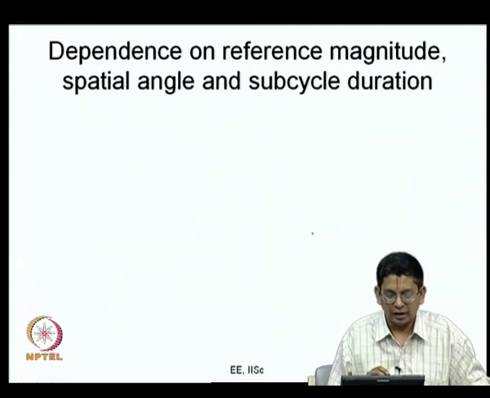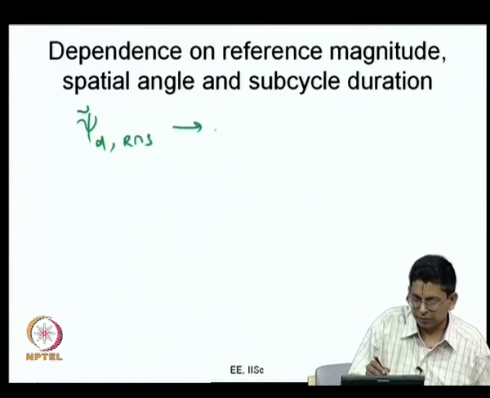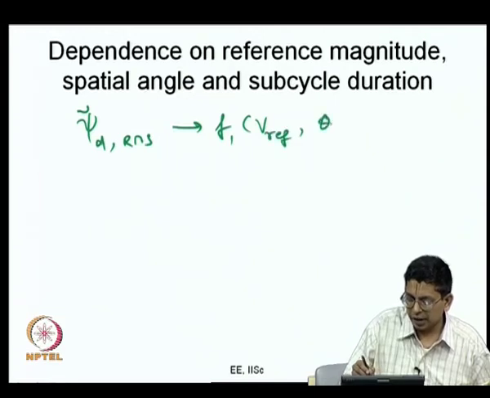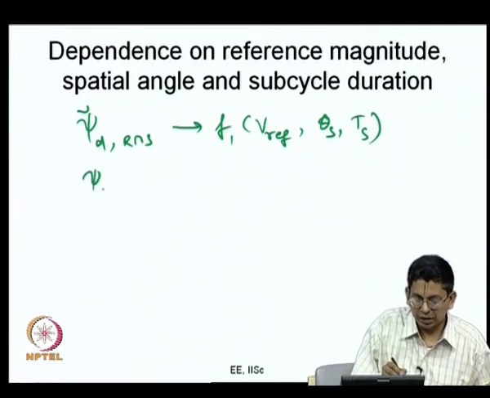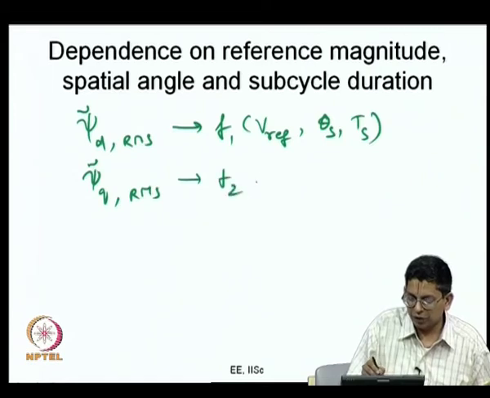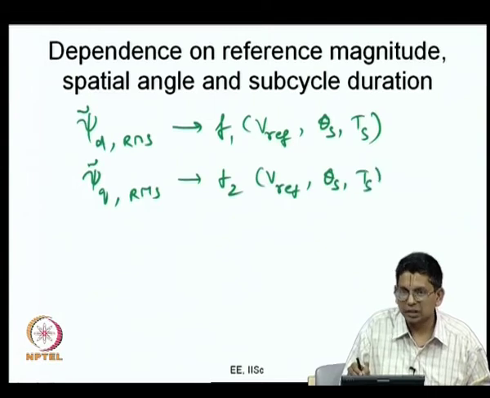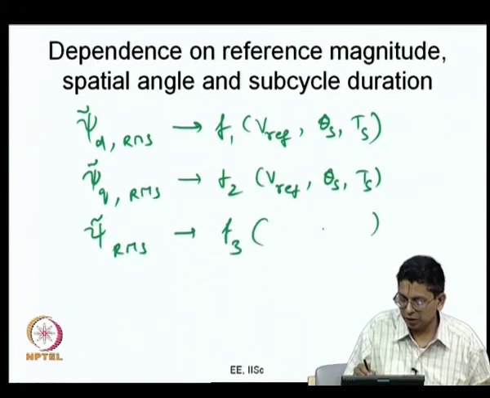So, you will find that the d axis flux ripple, the psi d tilde RMS we found, is a function of V reference, theta s and Ts. Similarly, you can also see that psi q tilde RMS is also a function, though a different function, of V reference, theta s and Ts, and therefore, the whole of psi tilde RMS is also some function of the same 3.